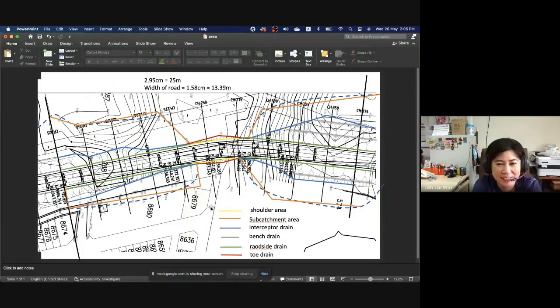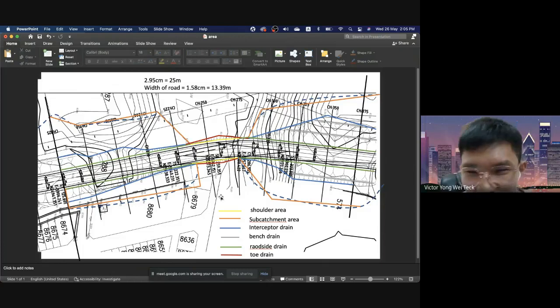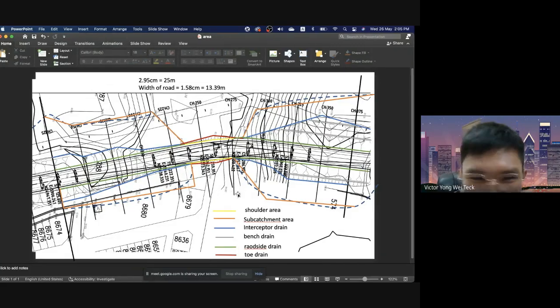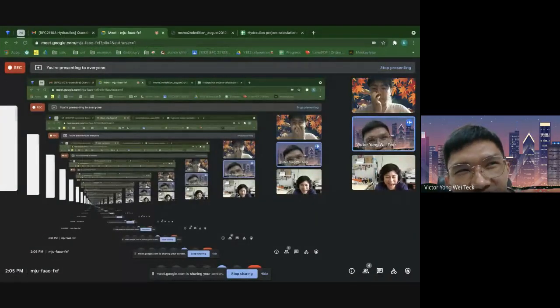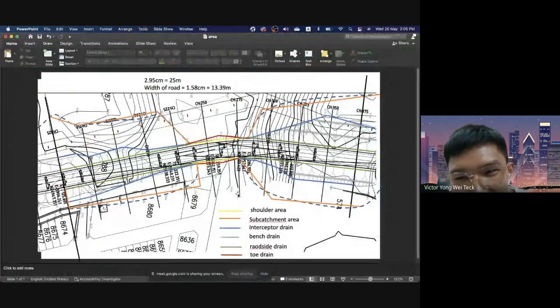Yes, I'll answer the question. The undeveloped area is such that it has a mountain, that has ground level, right? So the developed area is the road that we need to design.